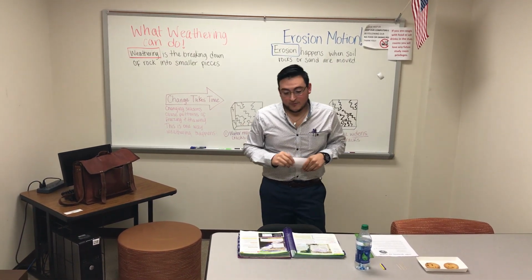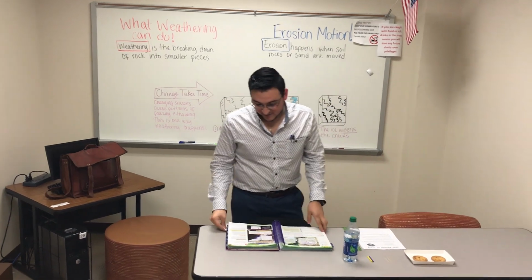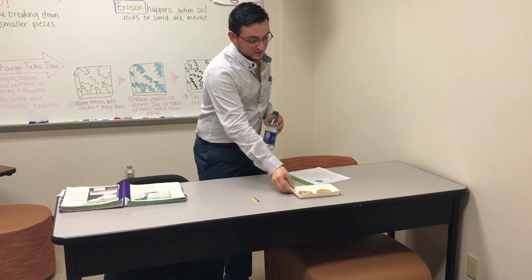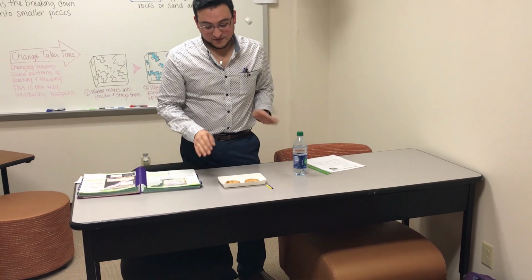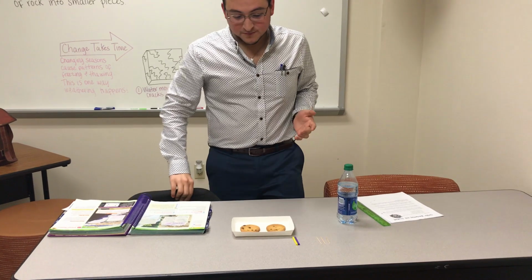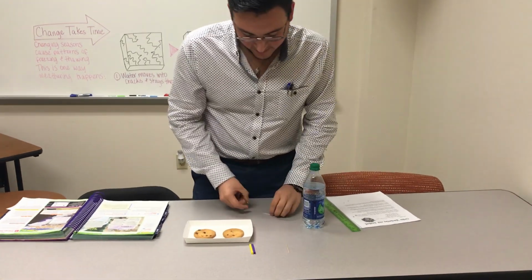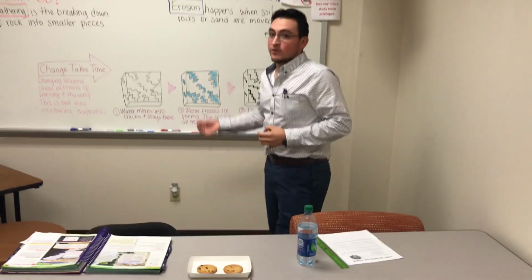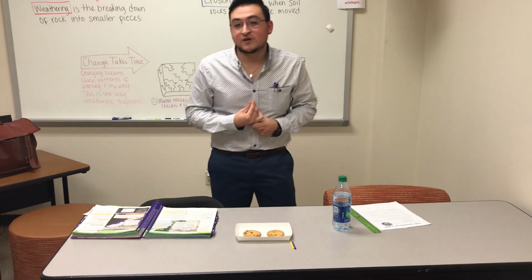So we have a little experiment to better clarify your views on weathering and erosion. We have 2 cookies. These cookies represent the land or the rocks of the earth. There are also more forms of weathering other than the temperature. We have plants, trees.